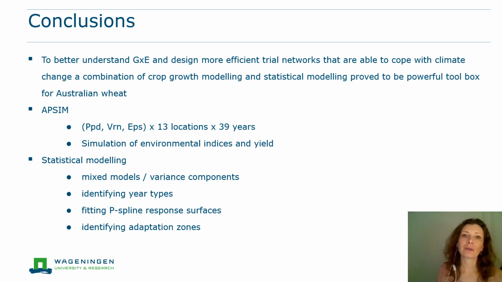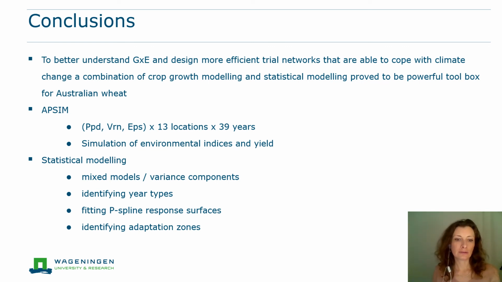In that way, we increase the resolution of our predictions because we are able to predict for each combination of latitude and longitude, and the results of those surfaces might be relevant for variety recommendation, for example.